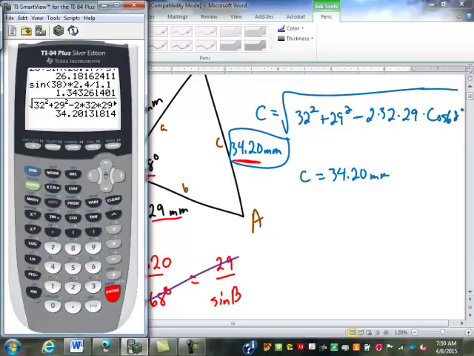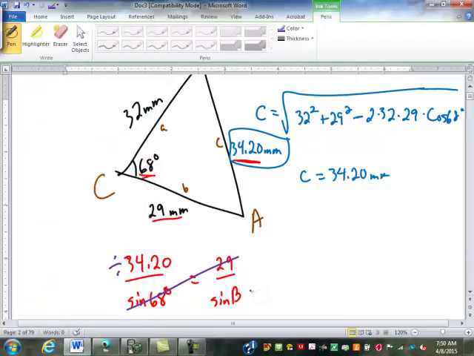So sine of 68 times 29 divided by 34.20. 0.7862. And then it's going to be an inverse sine. B will be the inverse sine of that.